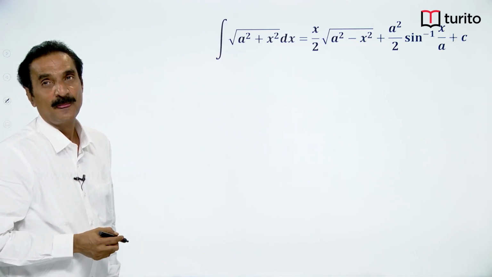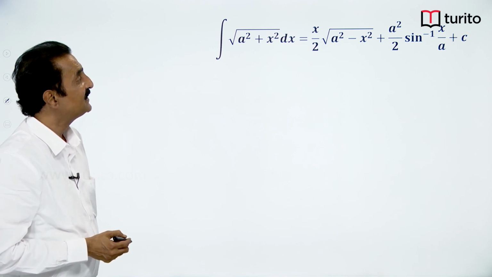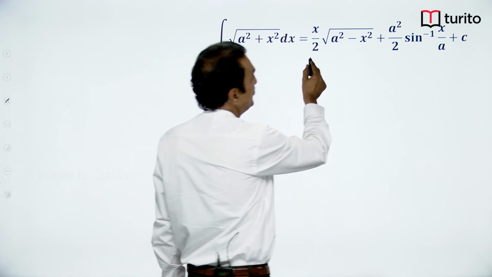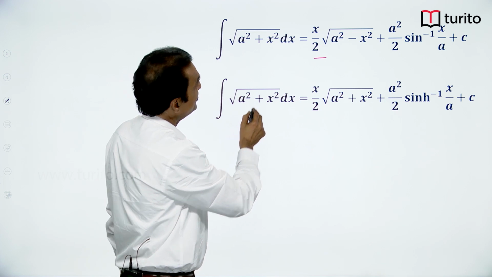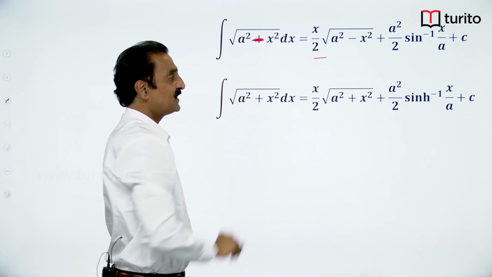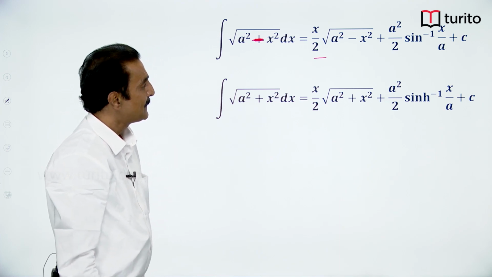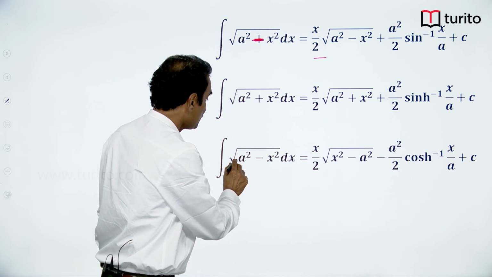Okay. Now, in the same way, we can prove that integral root over a square minus x square dx, this is a square plus x square, next is root over x square minus a square.